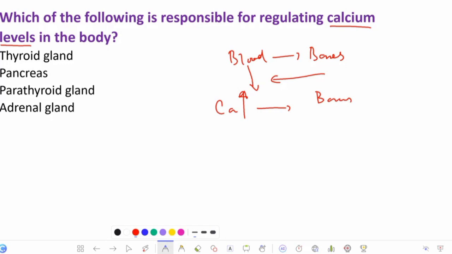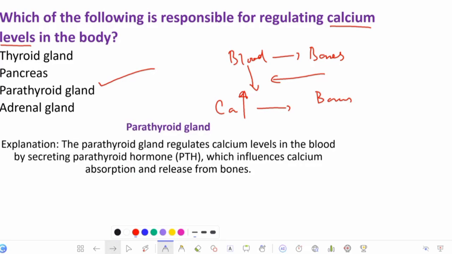It is the parathyroid gland, because the parathyroid gland secretes PTH, parathyroid hormone, which regulates the blood calcium level. The parathyroid gland regulates calcium level in the blood by secreting parathyroid hormone, PTH, which influences calcium absorption and release from the bones.